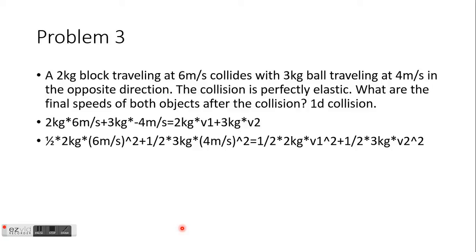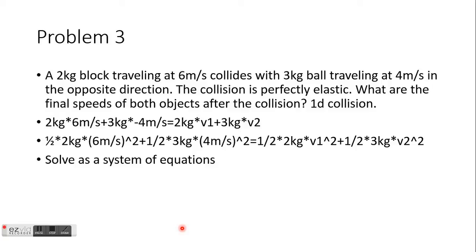So we can say that 1/2 times 2 kilograms times 6 meters per second squared plus 1/2 times 3 kilograms times 4 meters per second squared is equal to 1/2 times 2 kilograms times V1 squared plus 1/2 times 3 kilograms times V2 squared. And so we'd solve as a system of equations. I'm not going to show that.